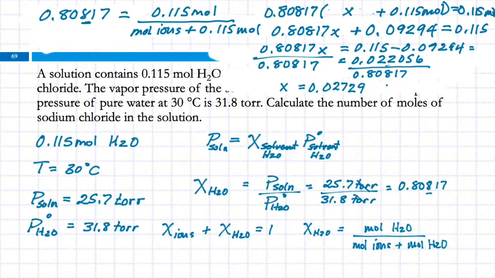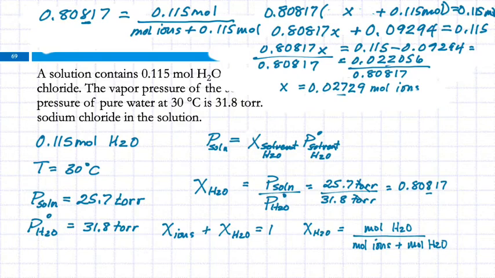I think this actually is now two significant figures. Moles of particles of ions. But we want moles of sodium chloride. 0.02729 moles of ions.